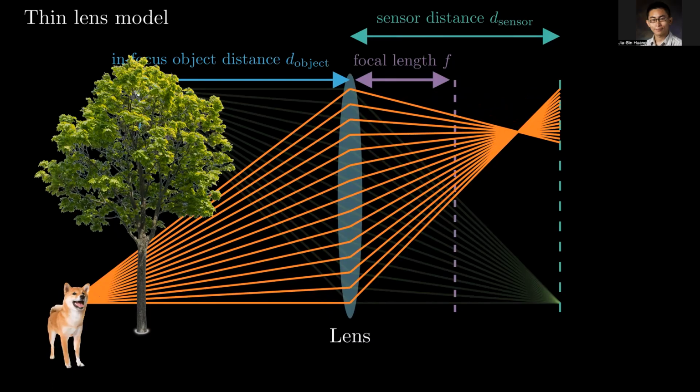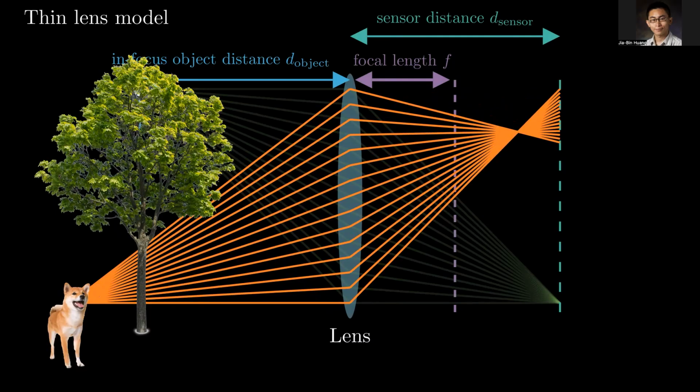What happens is that the reflected light from the dog passing through the lens will converge, but the light rays will converge before they hit the sensor. This is why you can now see that those light rays become spread out onto the sensor, and this is where the defocus blur comes in.